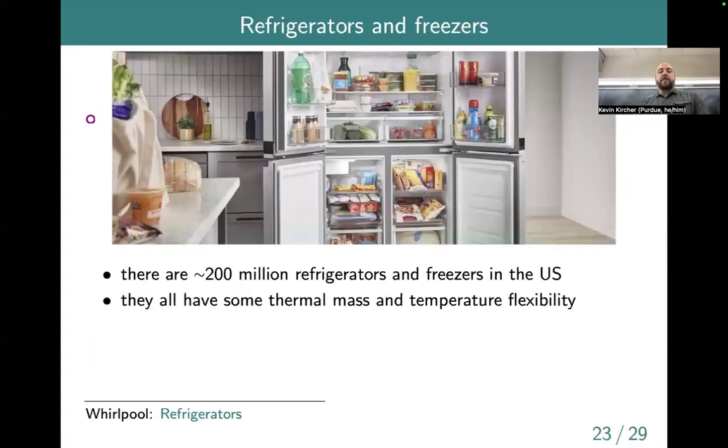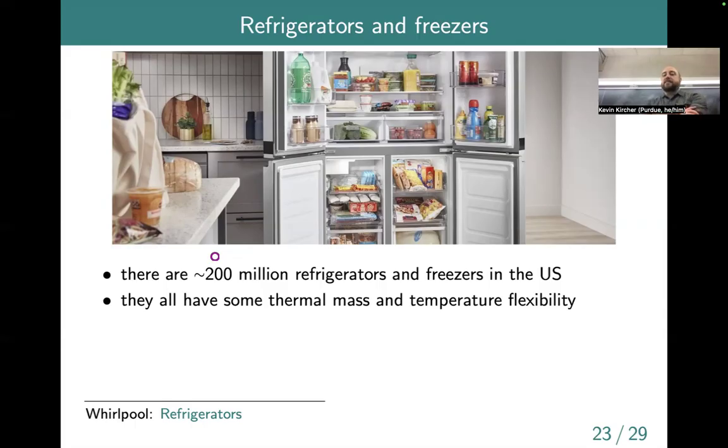So one of these categories is refrigerators and freezers. Here, I guess this is a fridge on top, freezer on the bottom. There are about 125 million homes in the US, and some of those housing units have multiple refrigerators or freezers, so there are about 200 million of them total in the US.